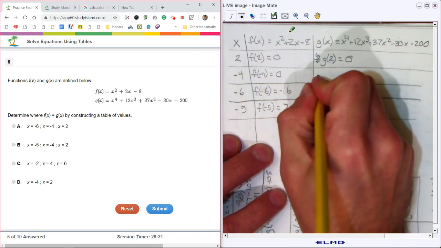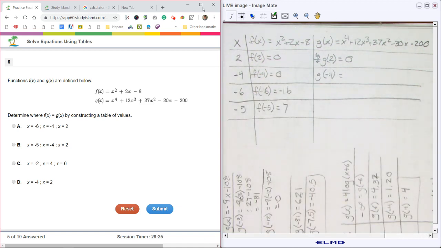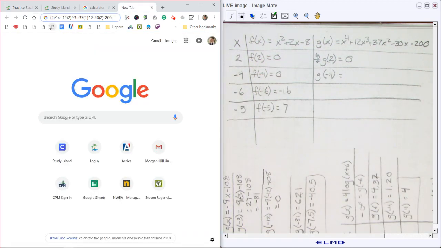So g of negative 4. Again, all I have to do is go back to the equation I plugged in already and change all my input values, which I put in parentheses, from 2 to negative 4 now. So negative 4 to the 4th power plus 12 times negative 4 to the 3rd power plus 37 times negative 4 to the 2nd power minus 30 times negative 4.